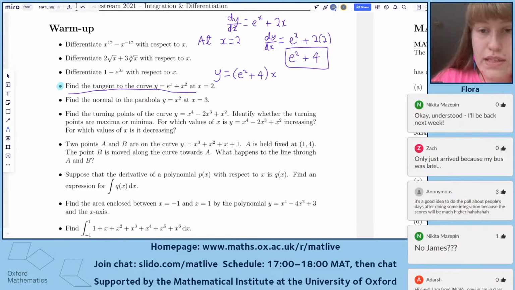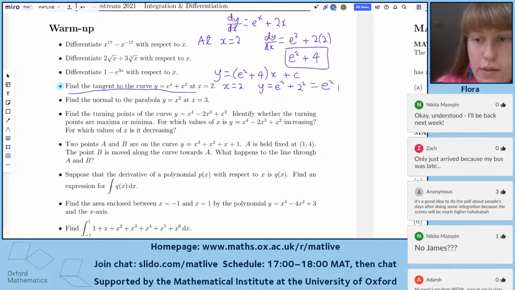So we're going to use y equals mx plus c, and then we're going to solve for c, because we want the point x equals 2, and we know what the curve is. So when x equals 2, y equals e to the 2 plus 2 squared, which is, funnily enough, e squared plus 4. And this is where you might get confused because you've got the same number in different places. But I'm not going to get confused.